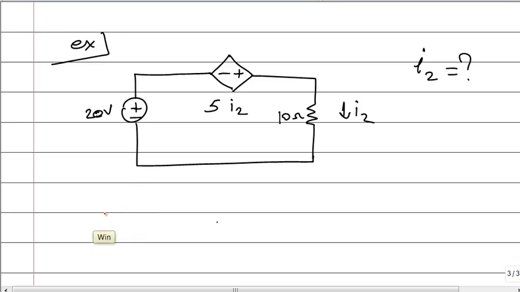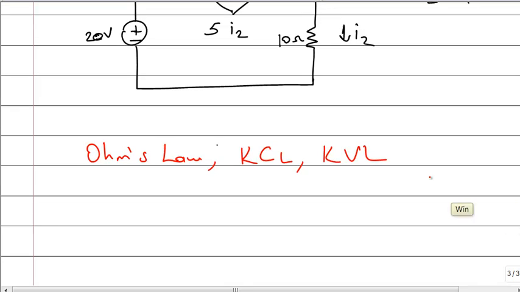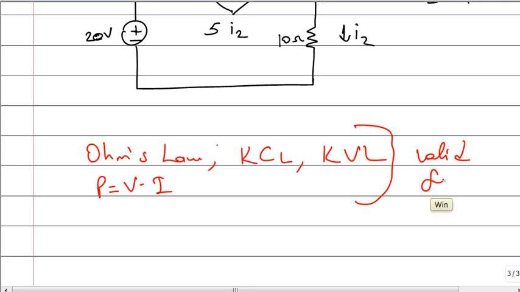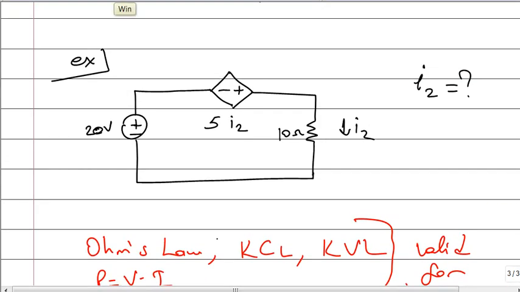All rules, all laws we have learned so far, Ohm's law, KCL, KVL, or power equation, all of them are valid for dependent sources. So you can use, for example, the KVL rule. Apply KVL here.